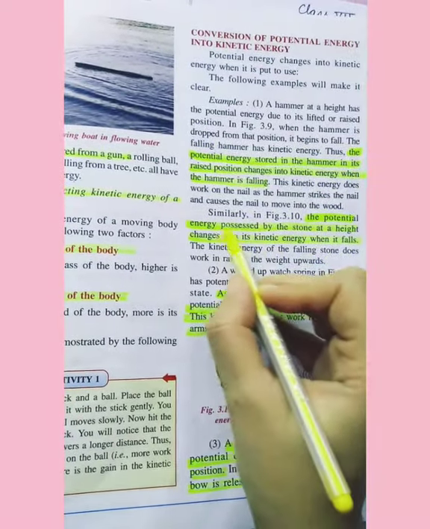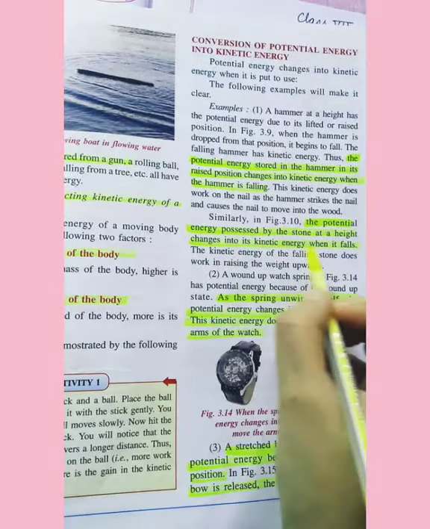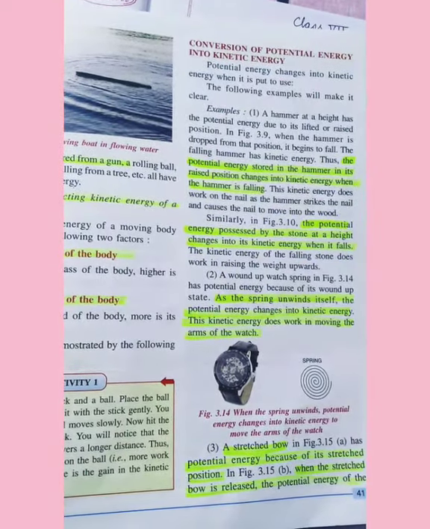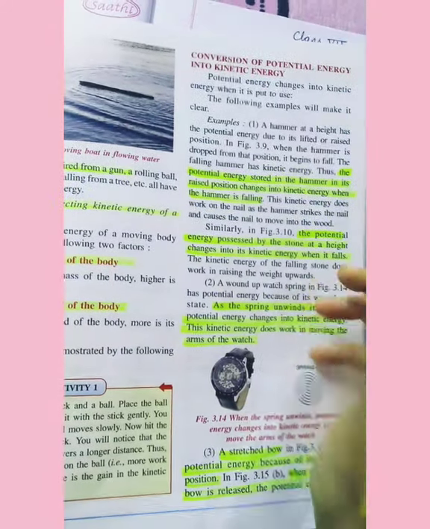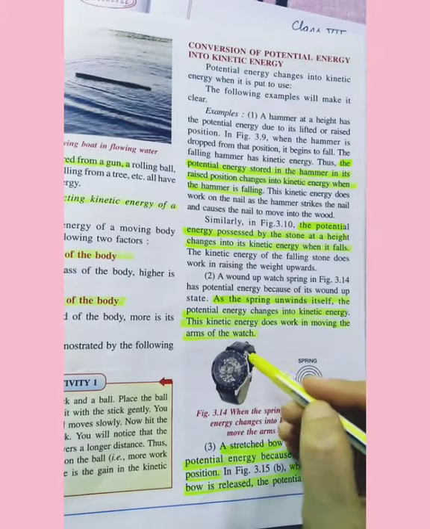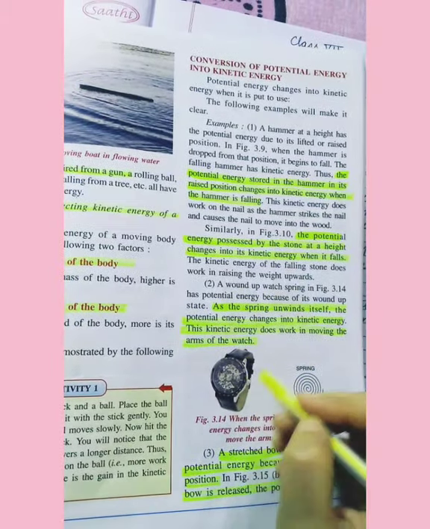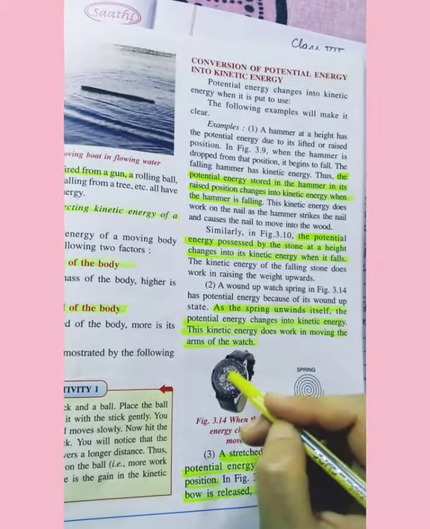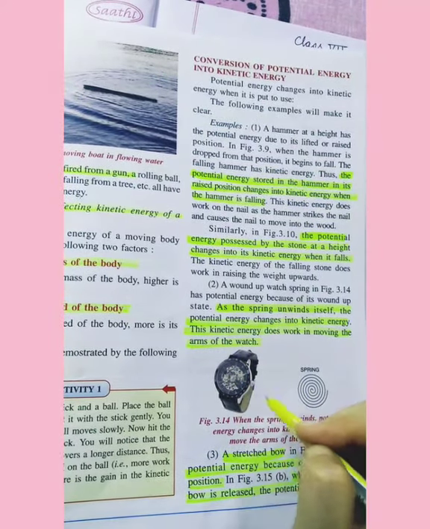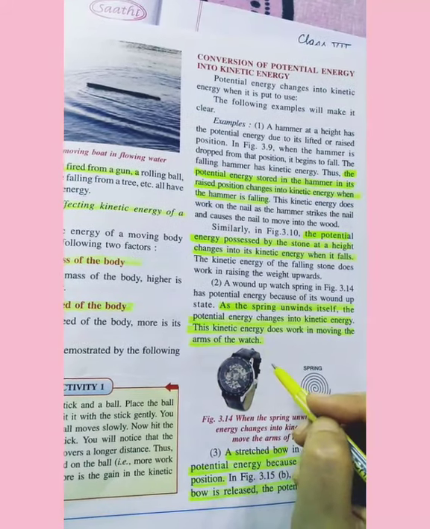The potential energy possessed by the stone at a height changes into kinetic energy when it falls. Suppose a stone is at a height, then it has potential energy. When it starts falling, then its energy changes into kinetic. See the spring in the clock: when it is wound up, it has potential energy. When it starts unwinding, it is converted into kinetic energy.